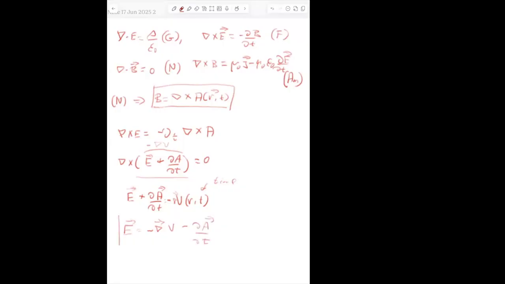So the message here is very simple. When we want to calculate B, the magnetic field, and E, the electric field, we, as usual, need to calculate two functions.